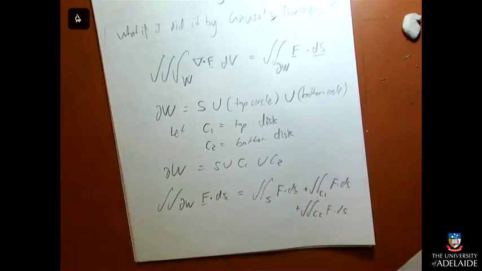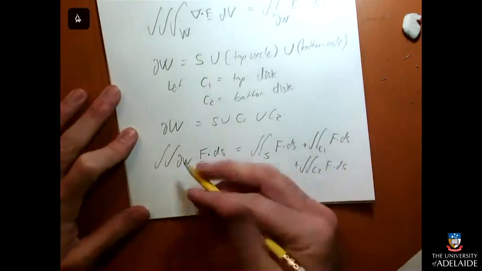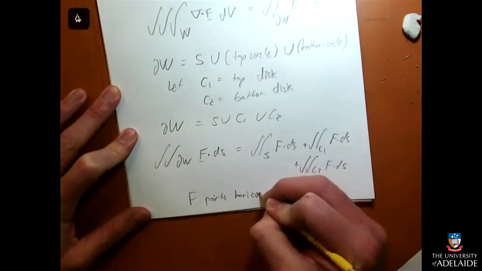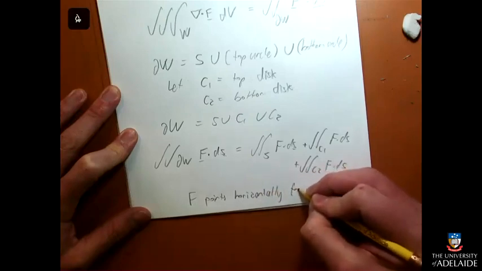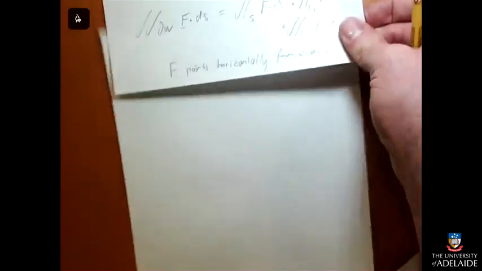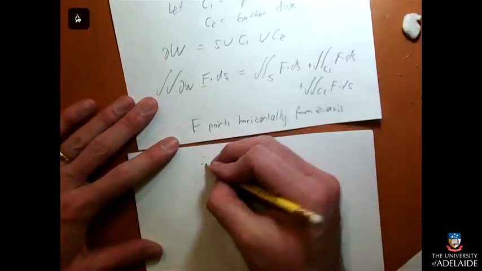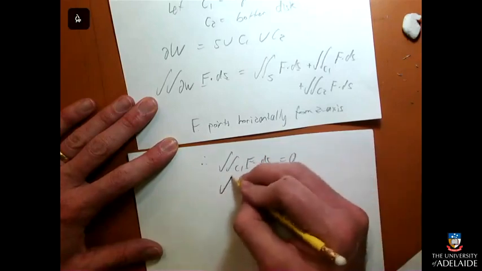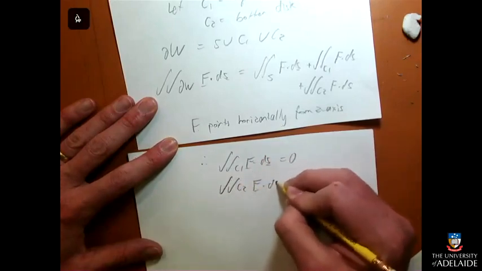But C1 and C2 are parallel to f because f points outwards from the z-axis, and so therefore the integral over C1 of f dot ds will be 0, and the integral over C2 of f dot ds will also be 0.